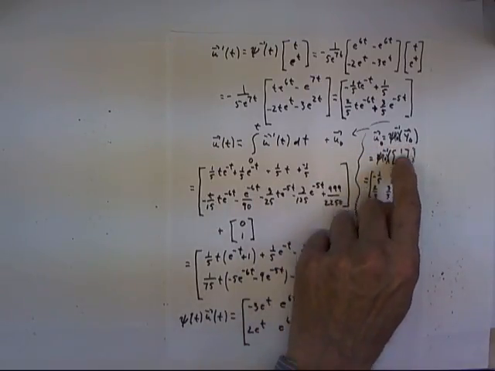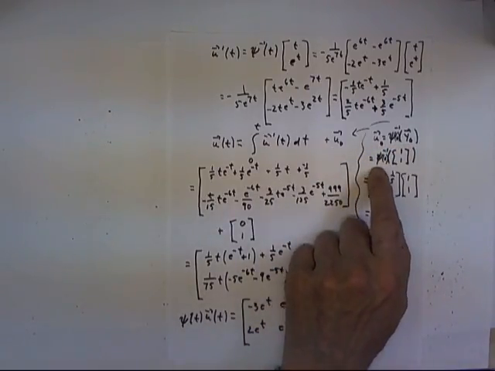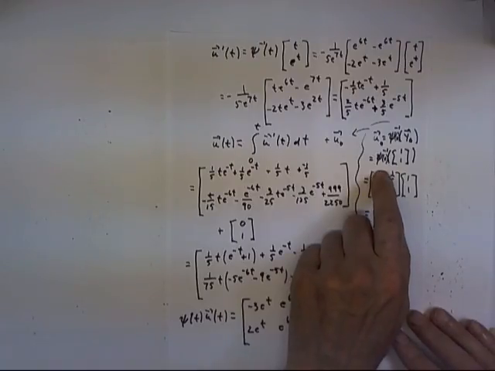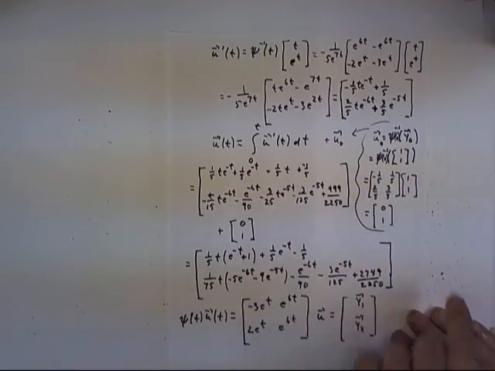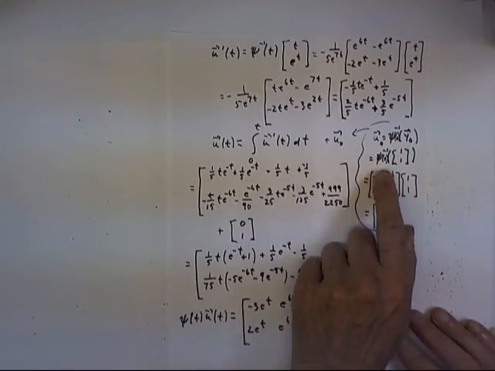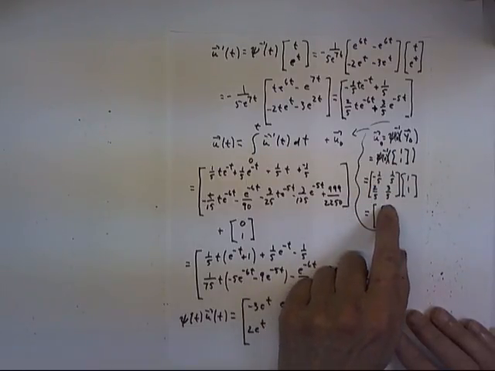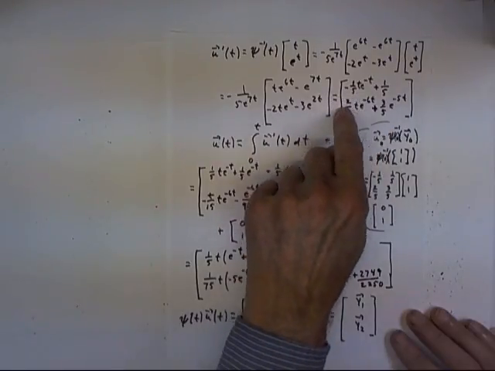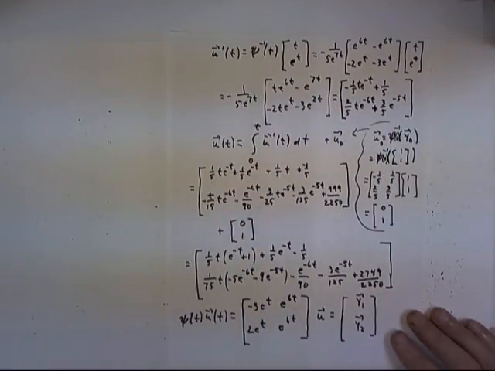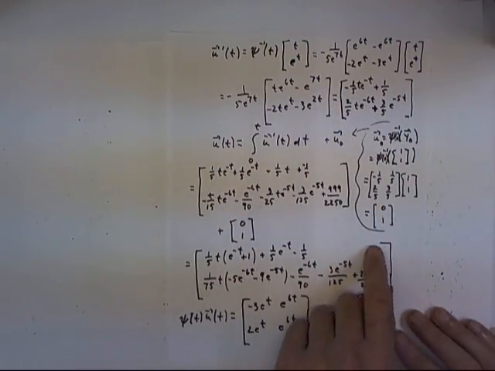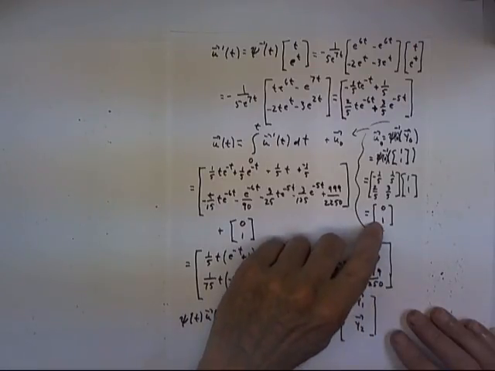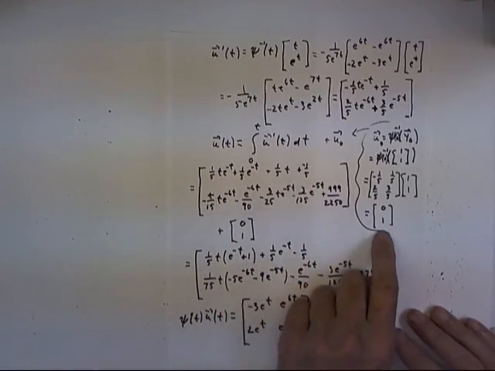Doing the inverse psi evaluated at 0 times the 1, 1 vector, psi inverse of 0 is negative 1/5, 1/5, 2/5, 3/5, just the constant terms that we have here. Multiplying that by 1, 1, we get 1, 0. So the u naught vector is 0, 1.